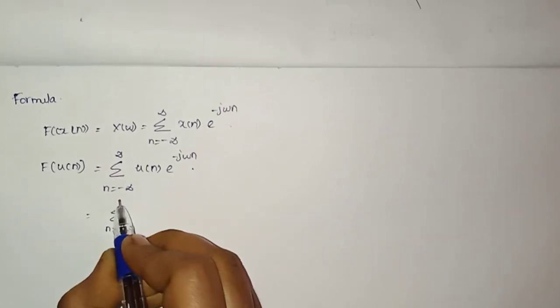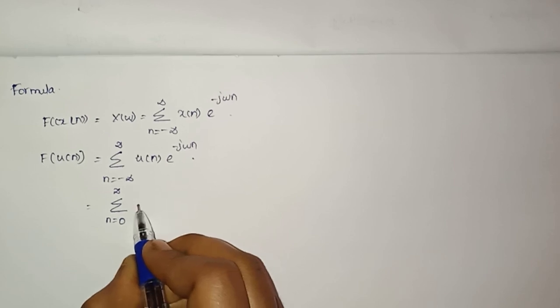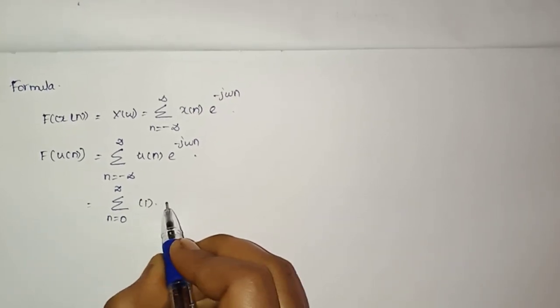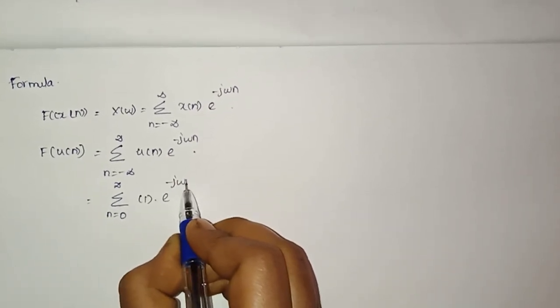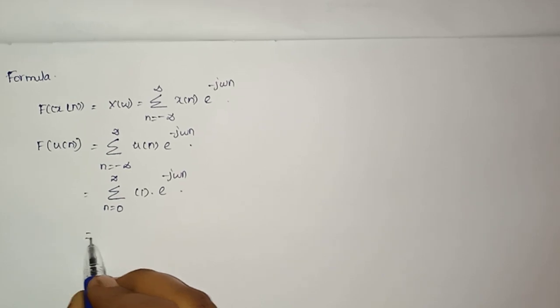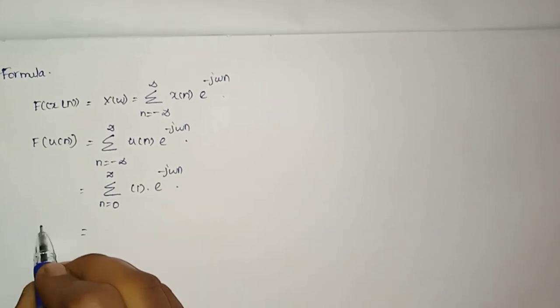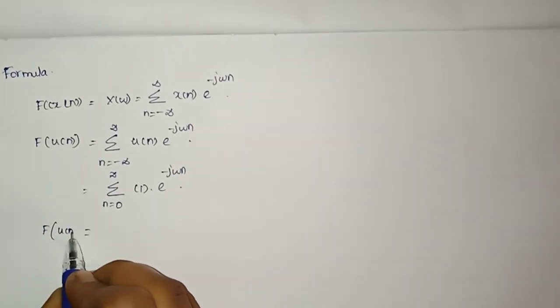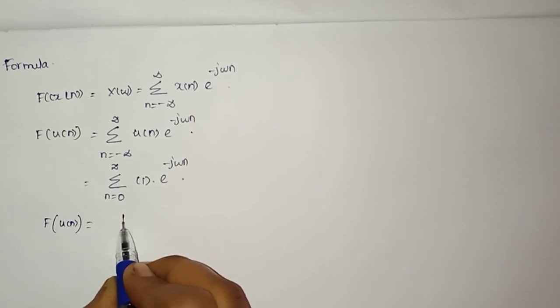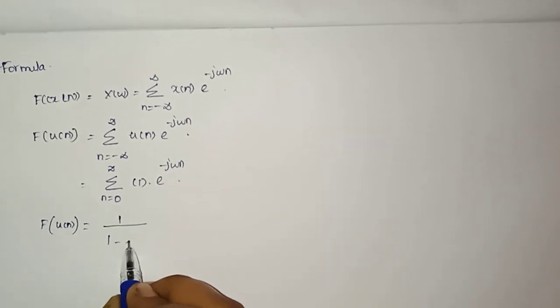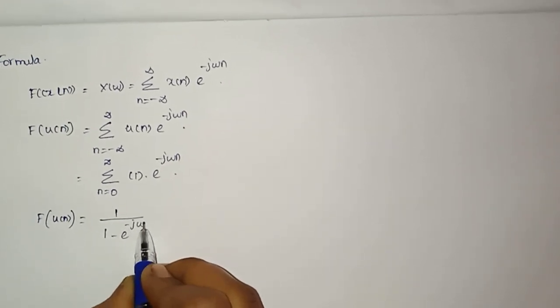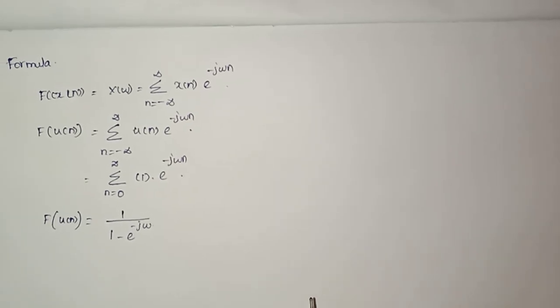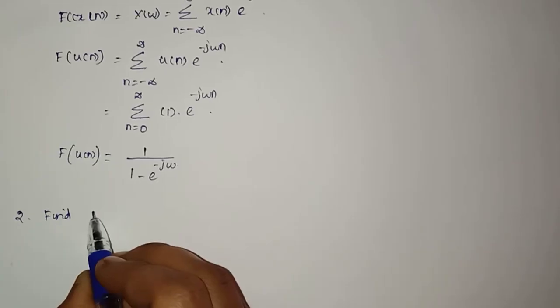Substituting the values, n is from 0 to infinity, and at that time u of n is equal to 1. So the DTFT of u of n equals 1 divided by 1 minus e power minus j omega. This is the solution for that problem.